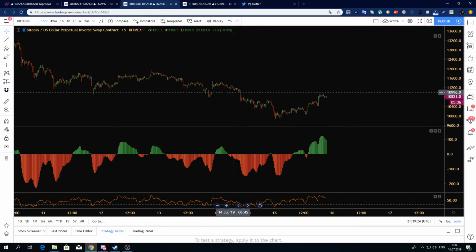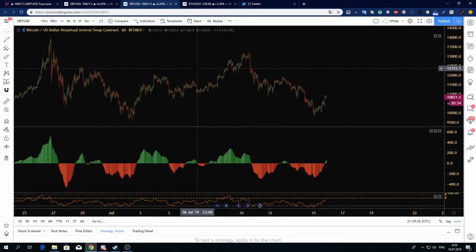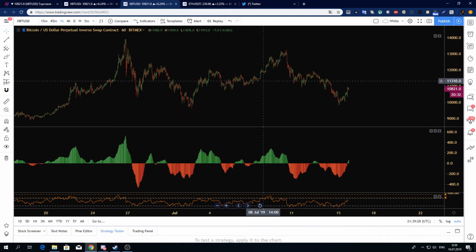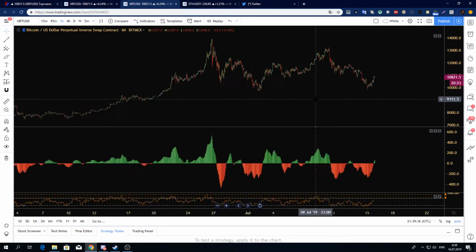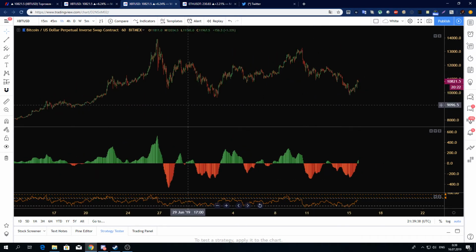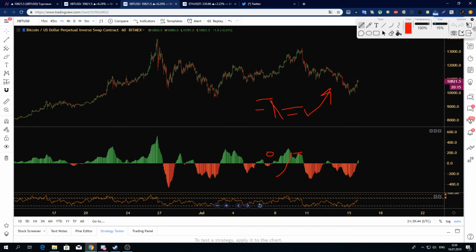This is the main idea that you're using it for. You are looking towards the completion of a previous wave coming from a corrective structure, and then you anticipate at least a 3-wave structure to form. That's about it. So when you see the color flip, you're like, okay, the previous wave is done.